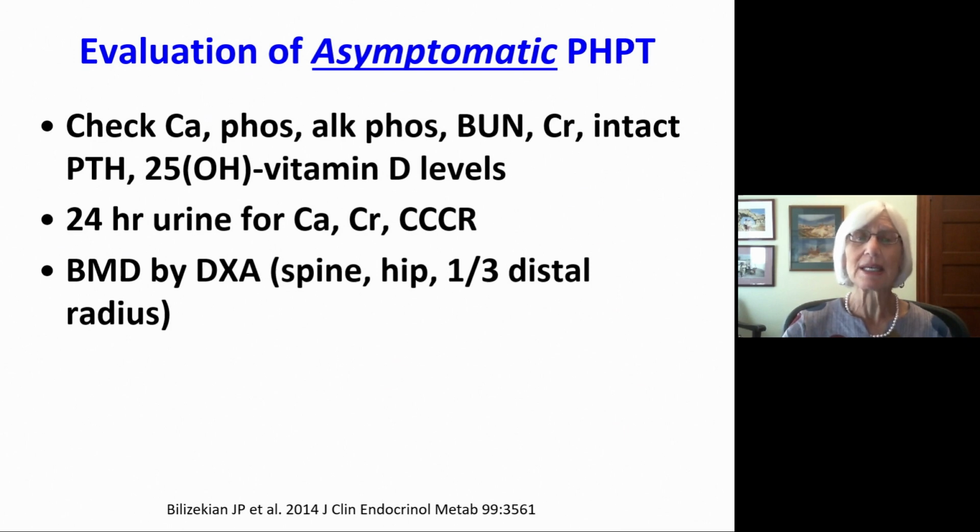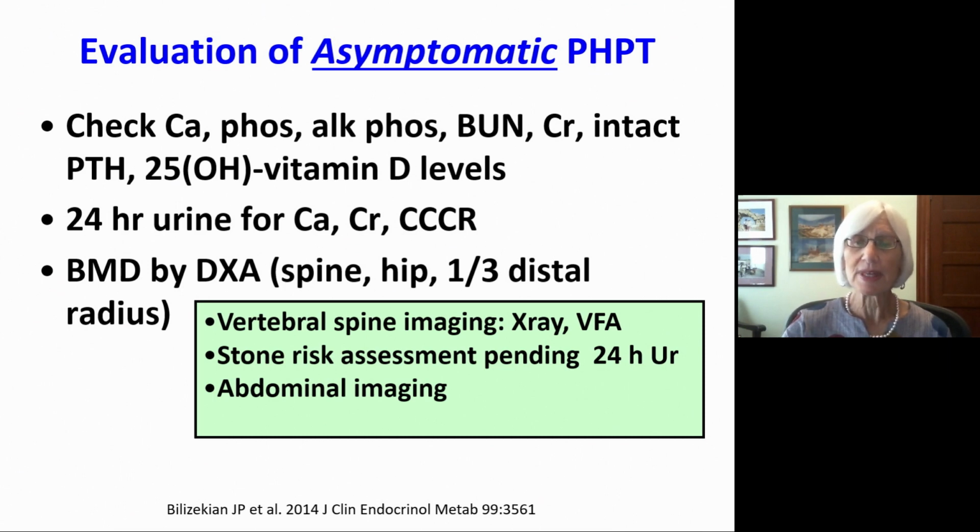Getting a DEXA is another important part of the evaluation of asymptomatic primary hyperpara and was done in this patient. Important to include the 1/3 distal radius, since that's the bone most affected by high PTH. Other things to consider are vertebral spine imaging by X-ray or vertebral fracture assessment on DEXA to see if indeed she has an asymptomatic fracture of her spine, a symptom of osteoporosis.